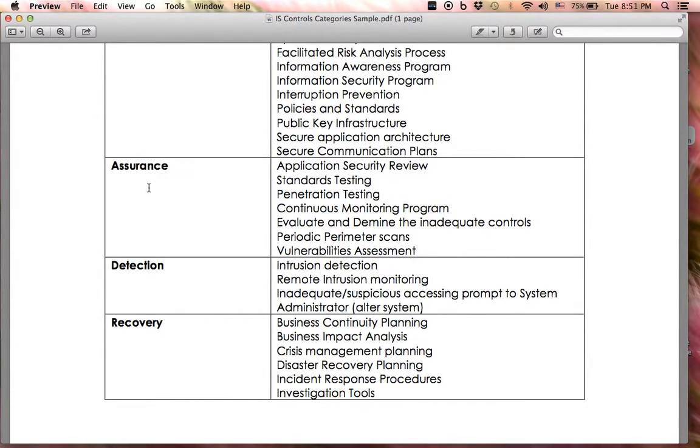And the next control, we're talking about assurance. If we're talking about assurance, we're talking about the quality of the control. So the assurance control may have application security review, standard testing, penetration testing, continuous monitoring program, evaluating and determining inadequate control, and periodic perimeter scan.